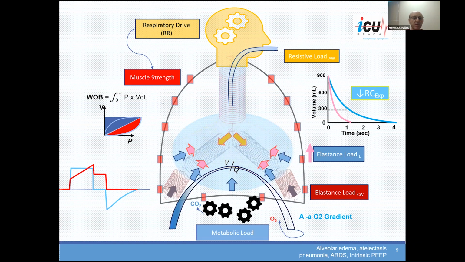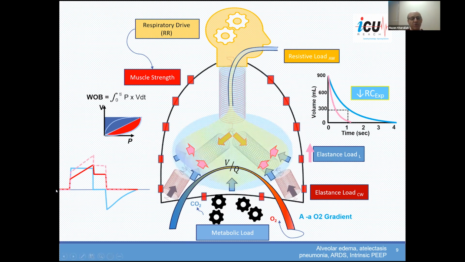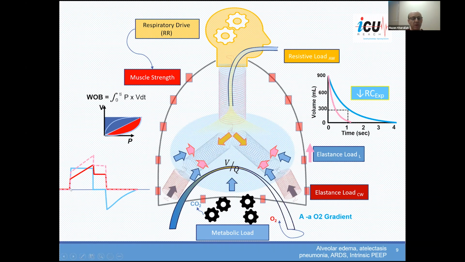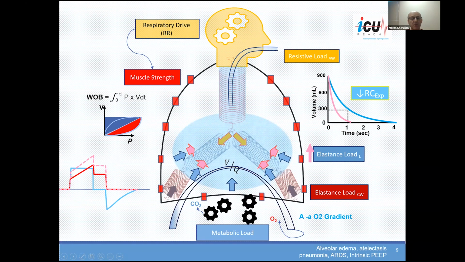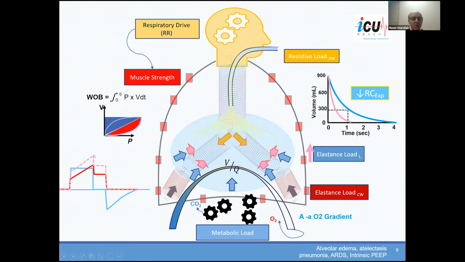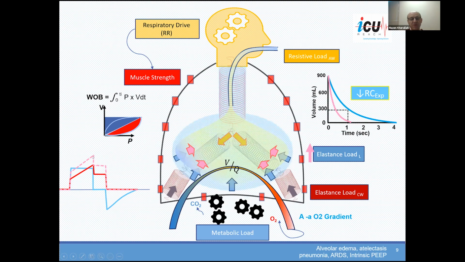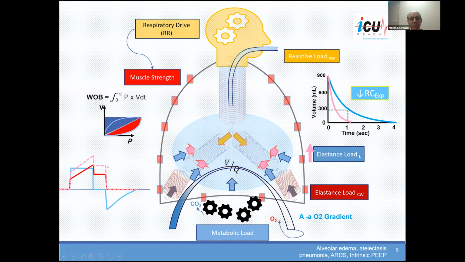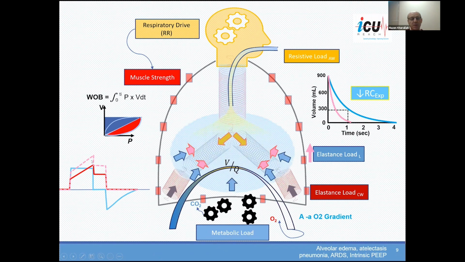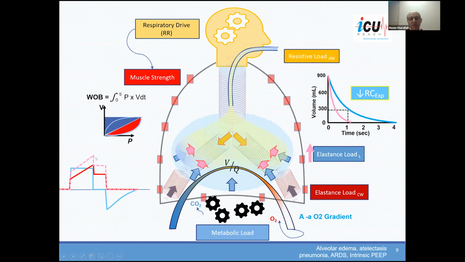And on the pressure over time curve, you will see that the peak pressure is increased and the plateau pressure is increased. The difference between the peak pressure and the plateau pressure is not increased, indicating normal resistance.